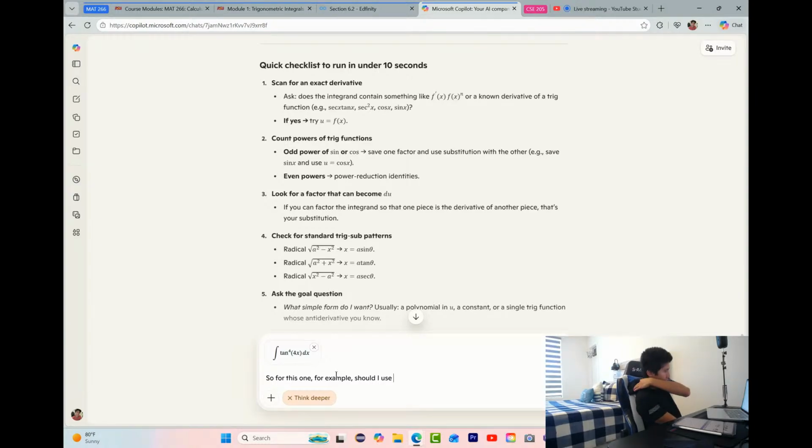So the derivative of tangent of 4x is secant squared.